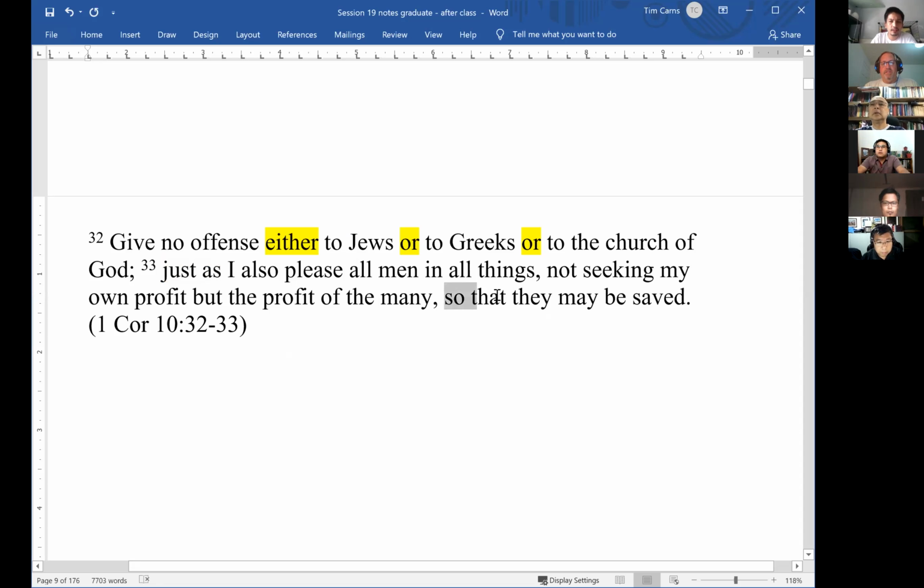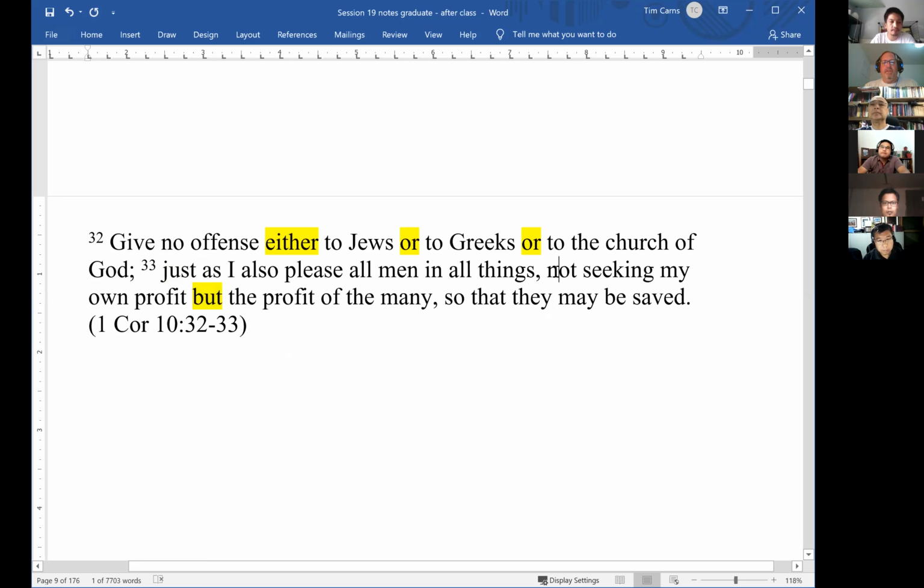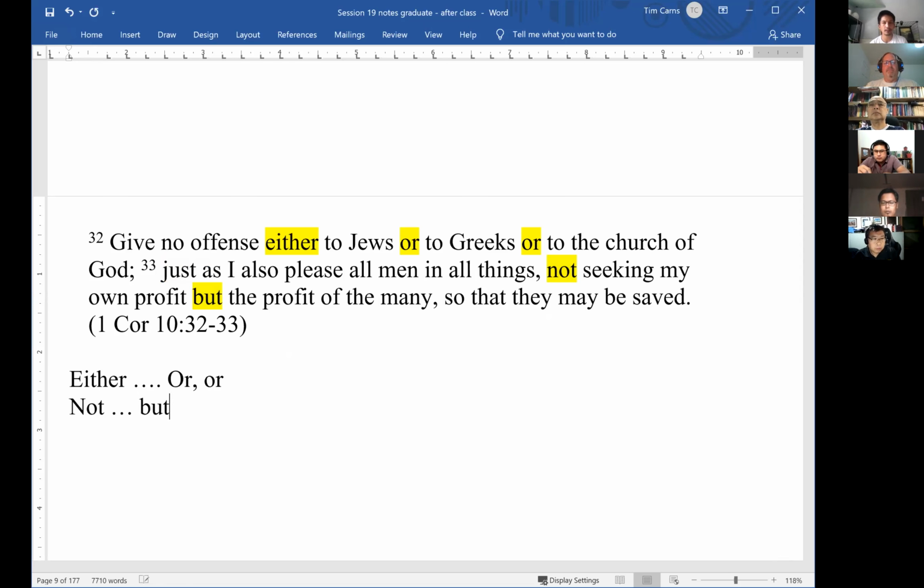No, so that's a subordinating conjunction. Oh, okay. I'll give you a hint. Not but. Not but is like both and, sort of. Okay. Not a common one. But so we have here either, and then or, and then we have not but. Okay.